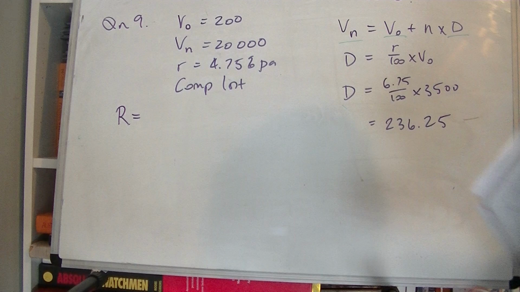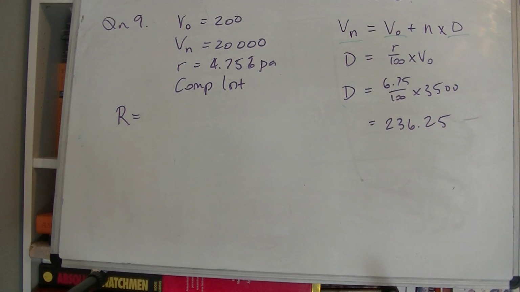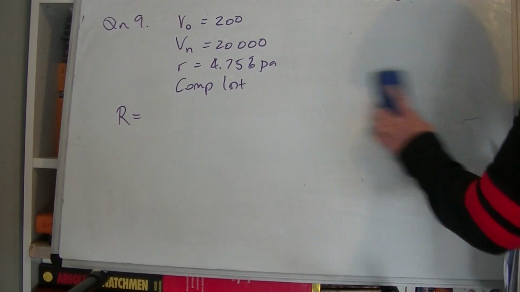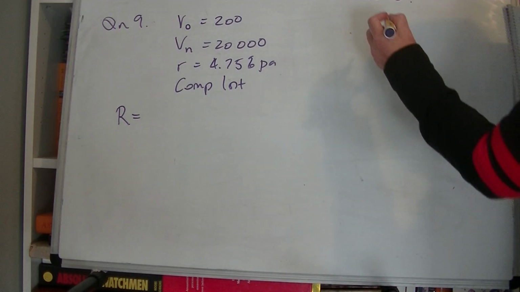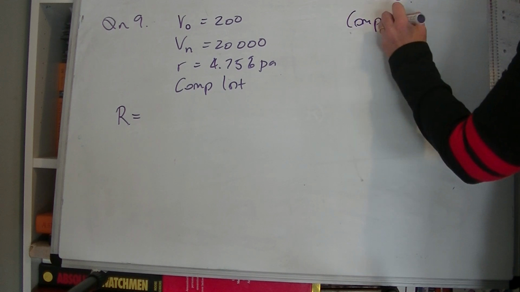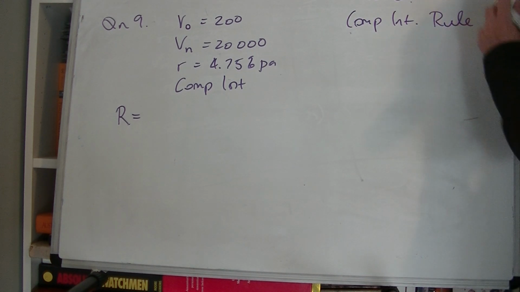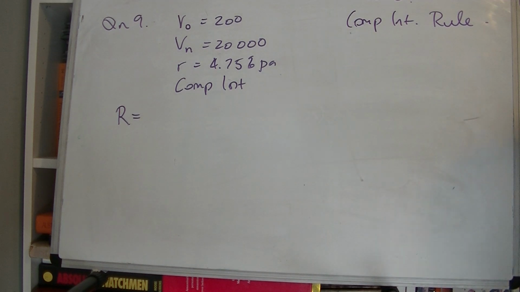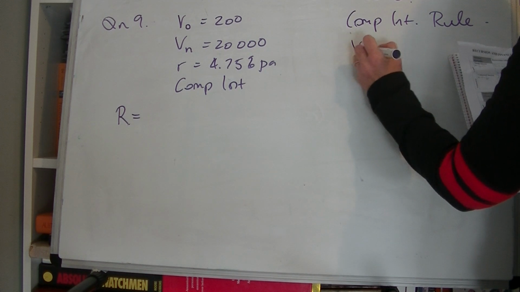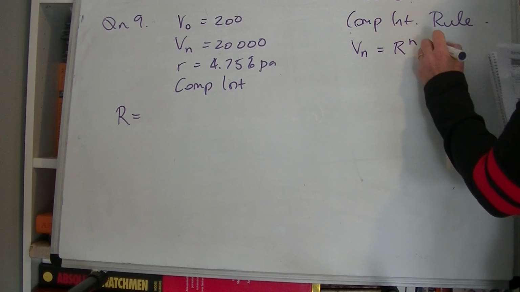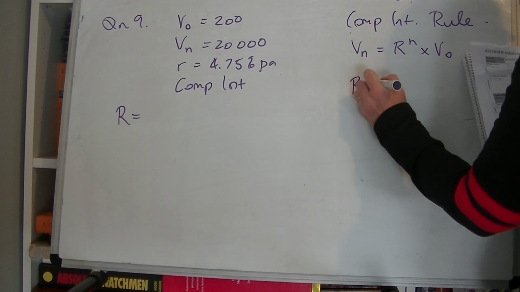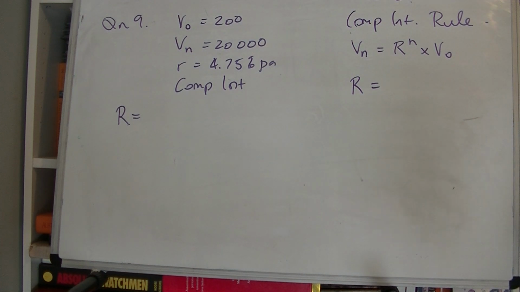I'm going to go ahead and work out R for this one. Because we're using the compound interest rule, the formula is Vn equals capital R to the power of n times by V0.